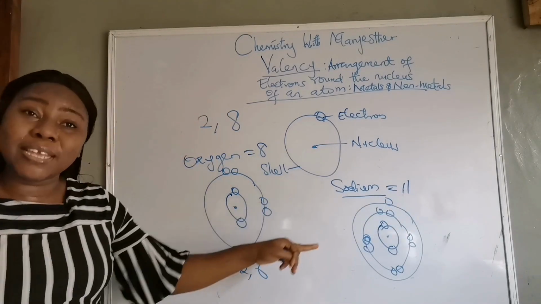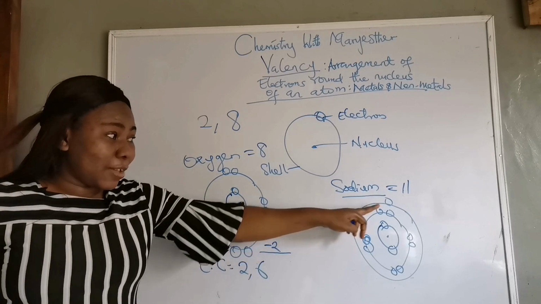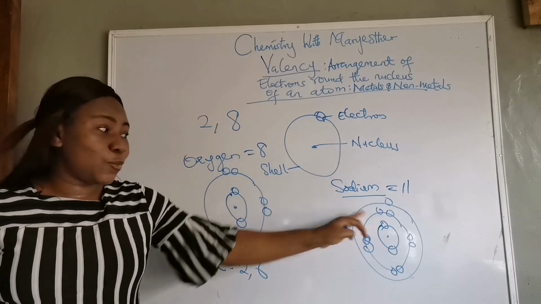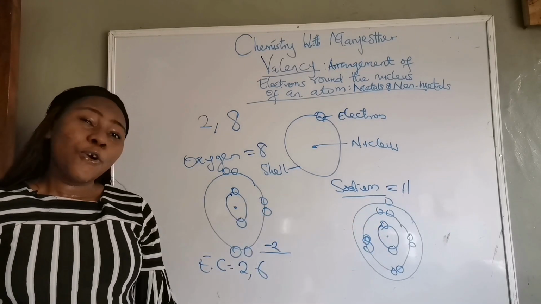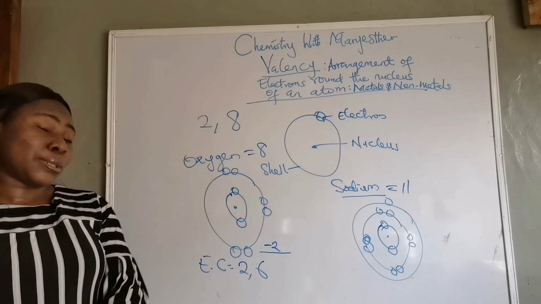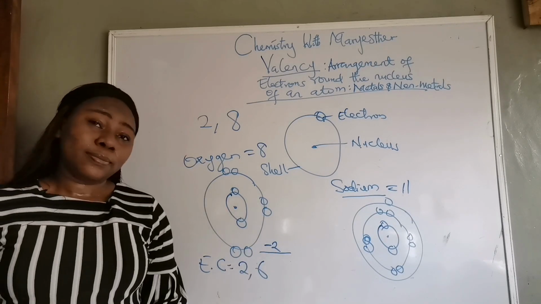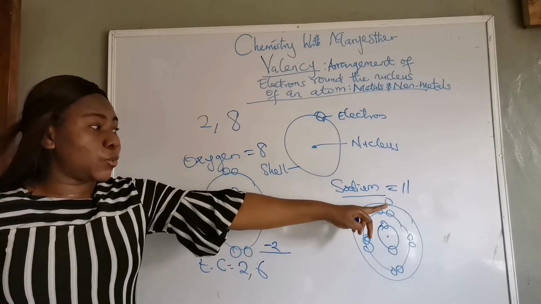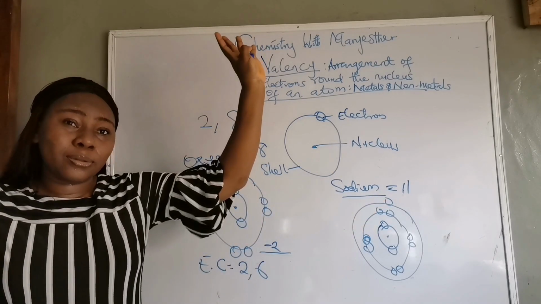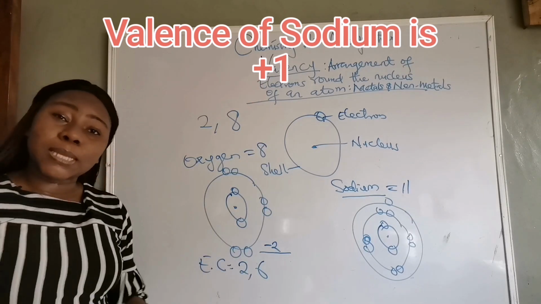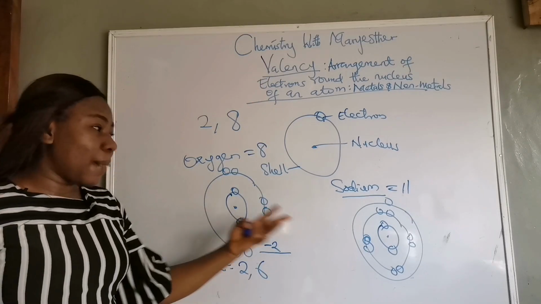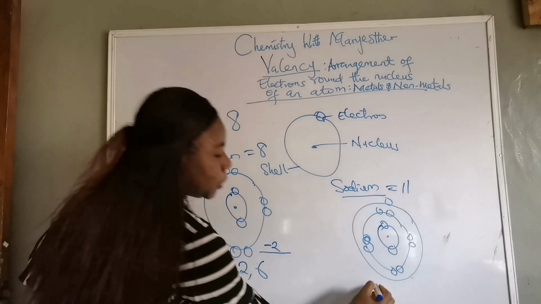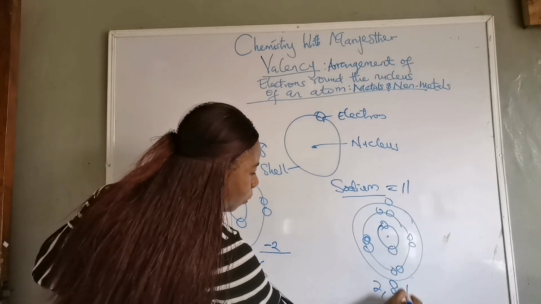How many does sodium need to become stable? Remember, it has just 1 in the outermost shell. It will need up to 7. Who will lend sodium up to 7 electrons? No one. So sodium can easily lose this 1 electron in the shell to become stable. So normally, sodium is 2,8,1.